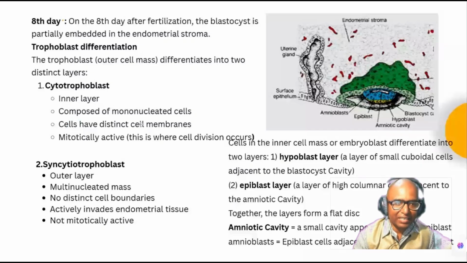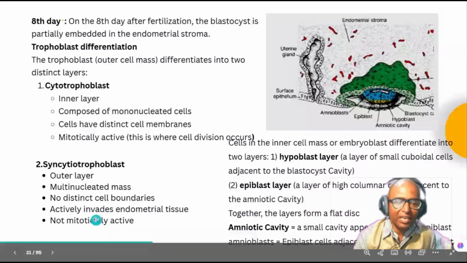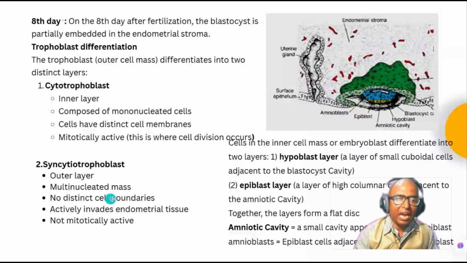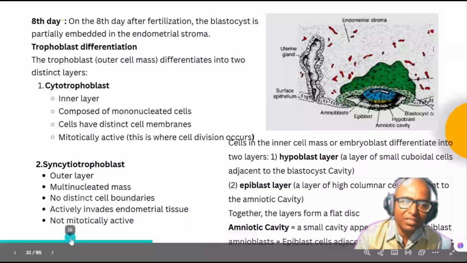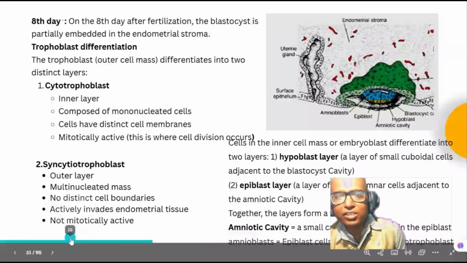The cytotrophoblast is mitotically active. The syncytiotrophoblast is not mitotically active. So syncytiotrophoblast is the outer layer, a multinucleated mass. There are no distinct cell boundaries. They are actively invading the endometrial tissue, but they are not mitotically active. So this is the difference between the cytotrophoblast and the syncytiotrophoblast.